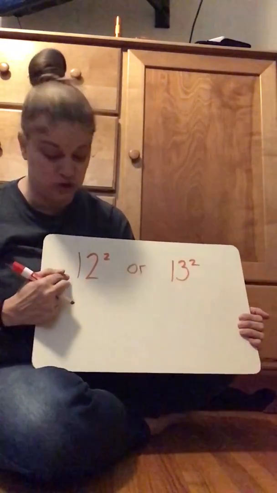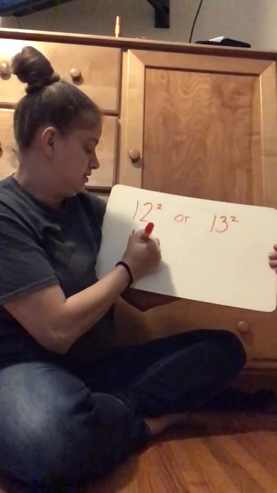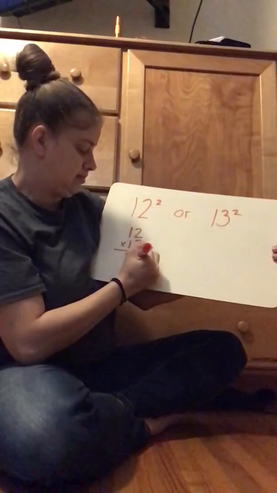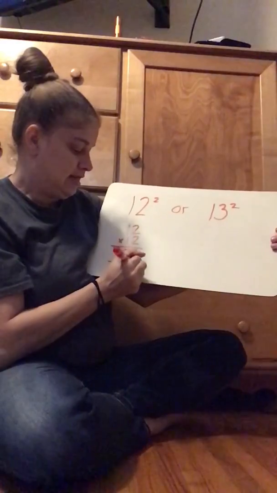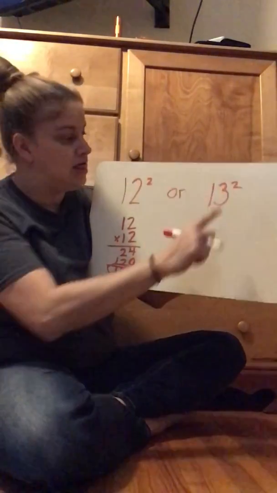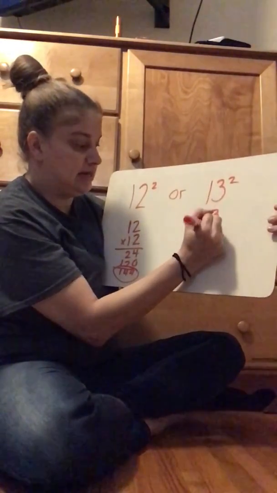It means to multiply 12 2 times. So you would do 12 times 12. So 12 times 12 is 144. This one is not 13 times 2, it is 13 times 13.